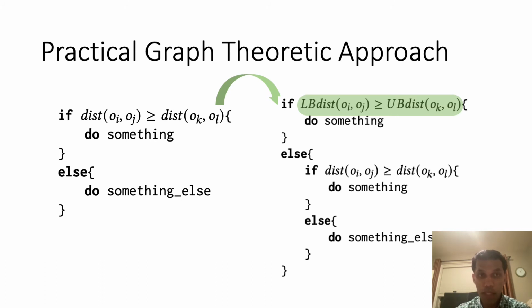Instead of writing if the distance of OI OJ is greater than or equal to the distance of OK OL, we rewrote it as: if the lower bound of the distance OI OJ is greater than or equal to the upper bound of the distance OK OL, then you do not have to do any distance computation. You can skip over. If this condition is not satisfied, then you actually go and find the distance between these two pairs of objects and continue the flow of the algorithm.